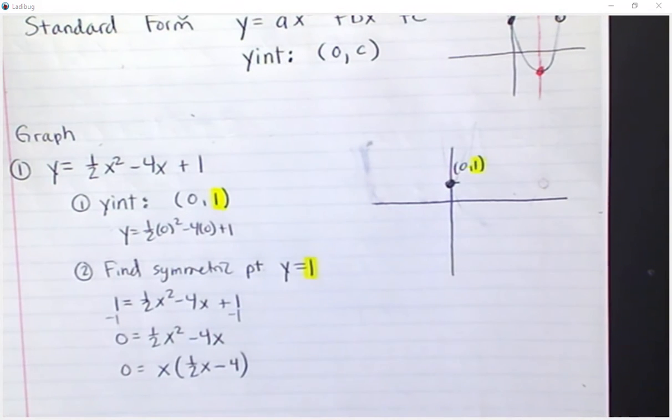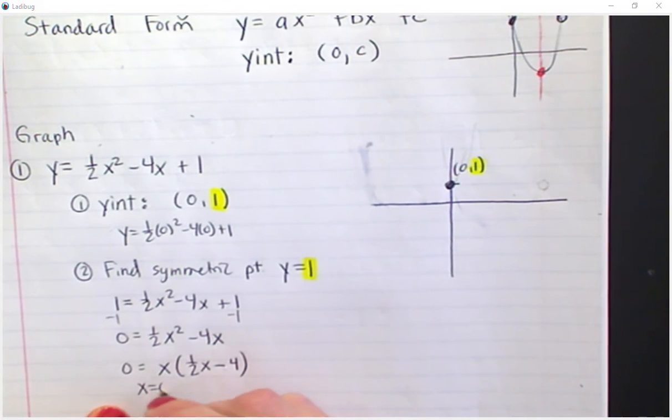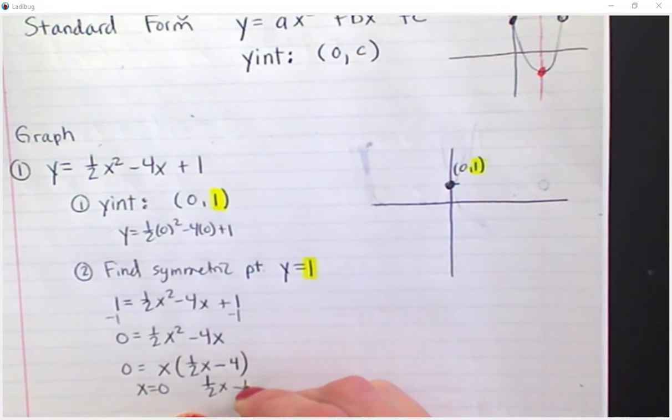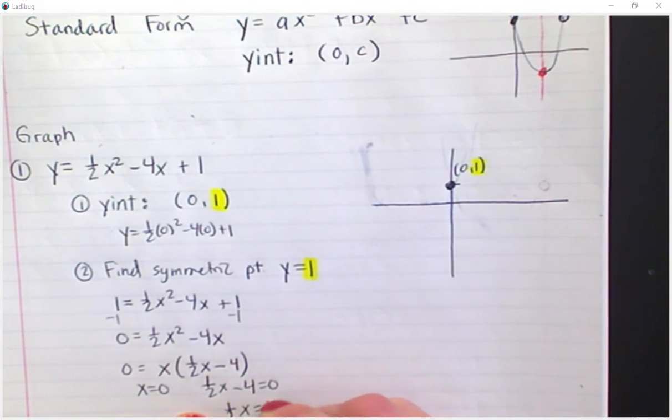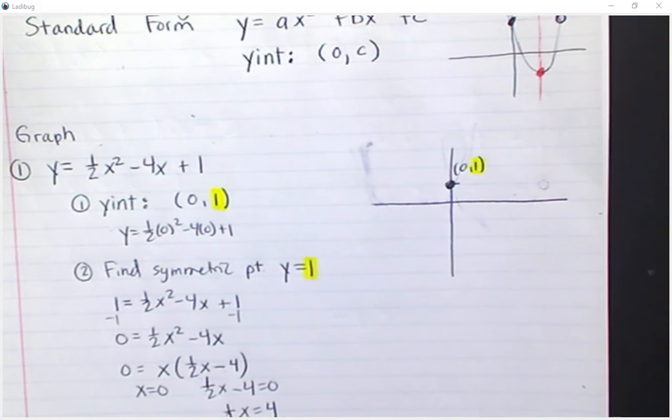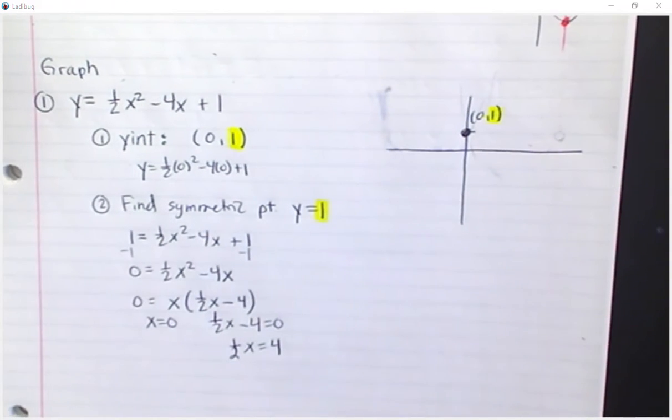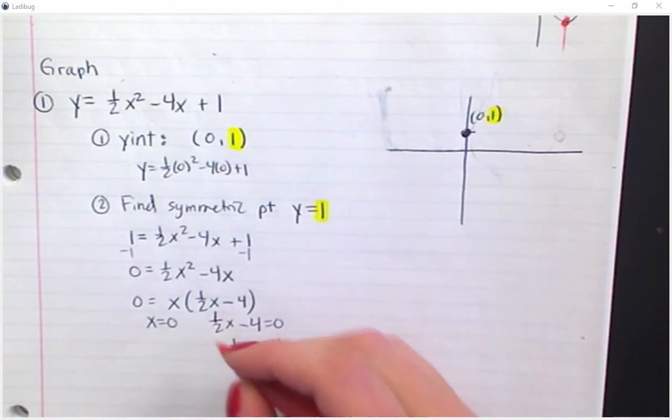Okay. Set each factor to 0. Okay, I don't want you dividing by a fraction. I would like you multiplying by the reciprocal.